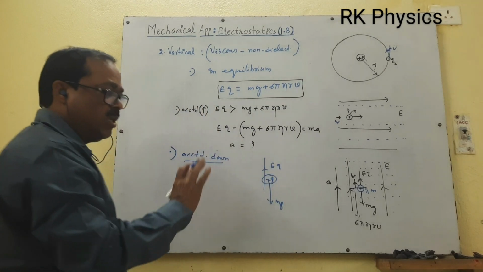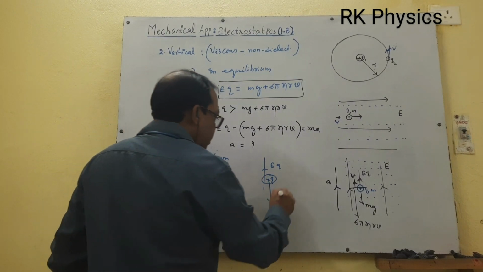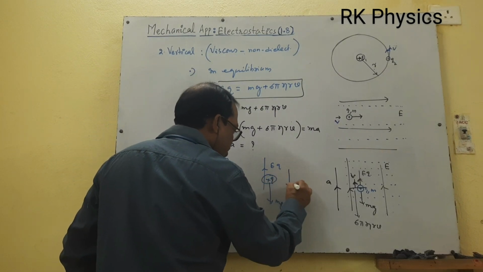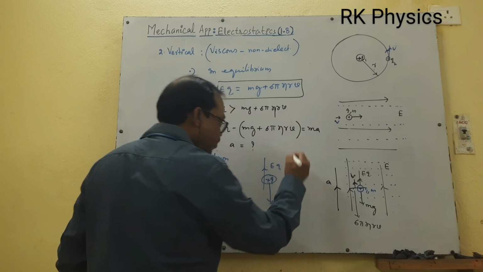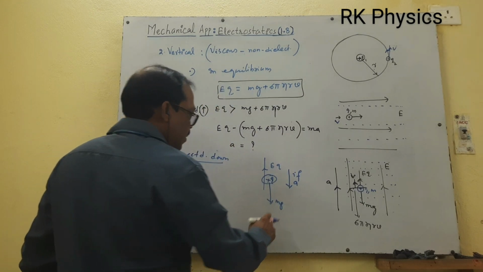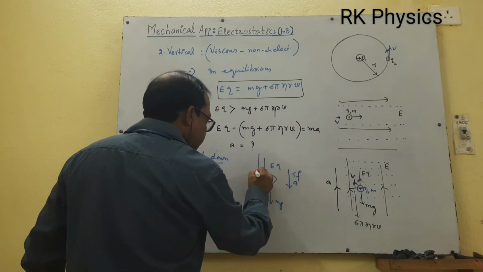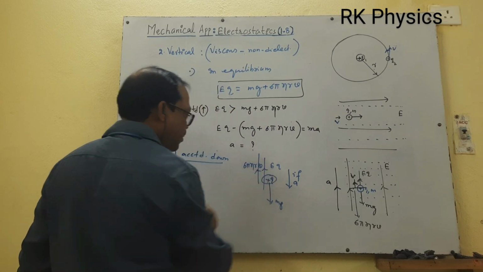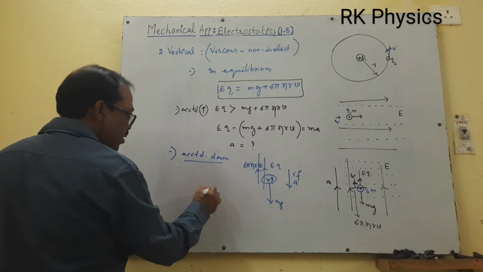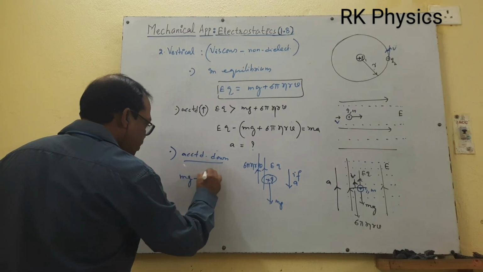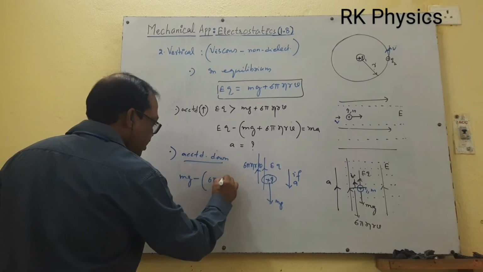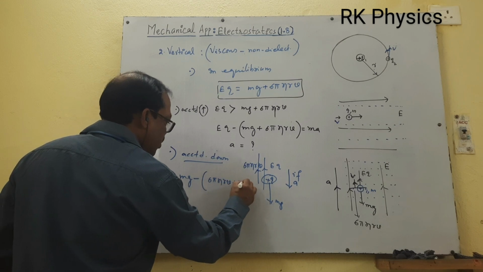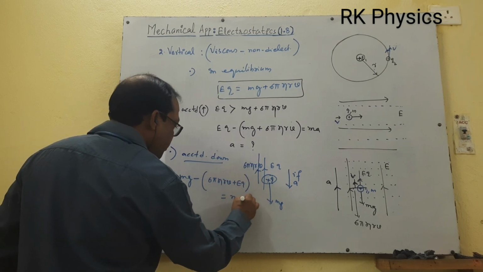These two directions are fixed. Now the object is moving down with acceleration a. Then the viscous force is opposite to the motion. This is 6 pi eta Rv. So in that case, mg minus 6 pi eta Rv plus EQ equals ma.